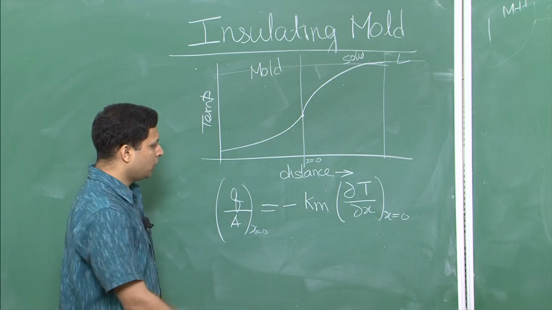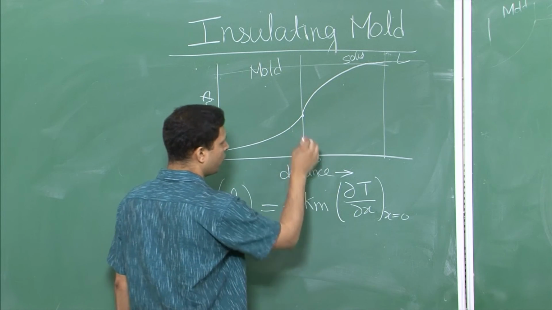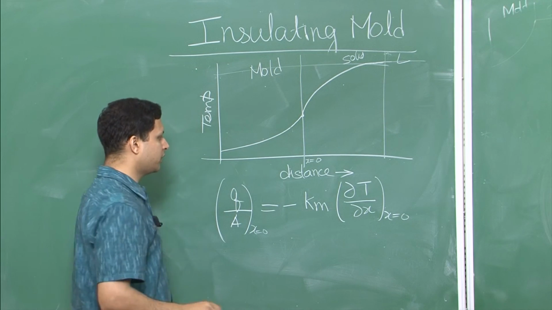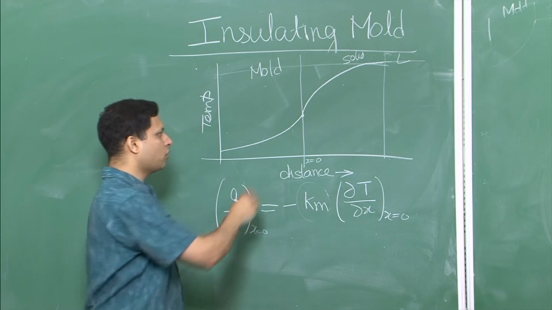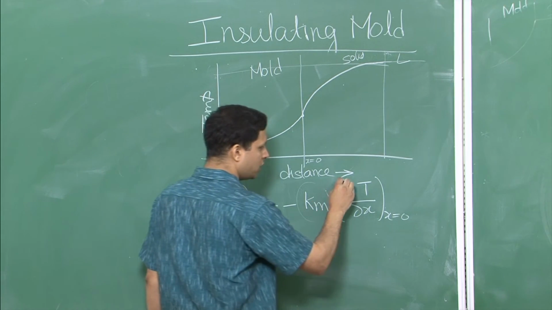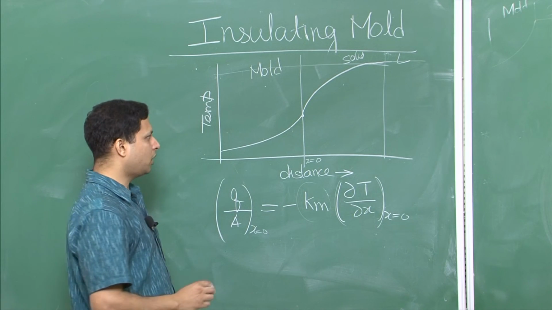So what we want to understand is how this is changing when we go from this point to this point. Now, this is a parameter; do you think it can change when we go from here to here in the mold? No, it will not. What will change is this, the slope or the thermal gradient.